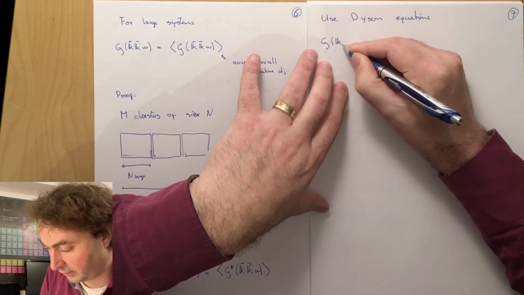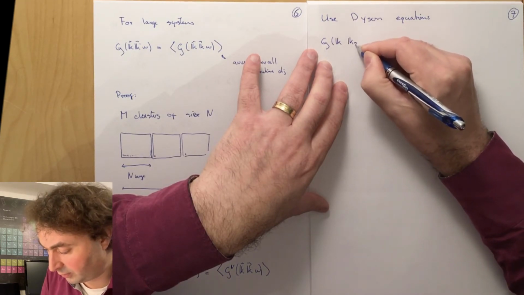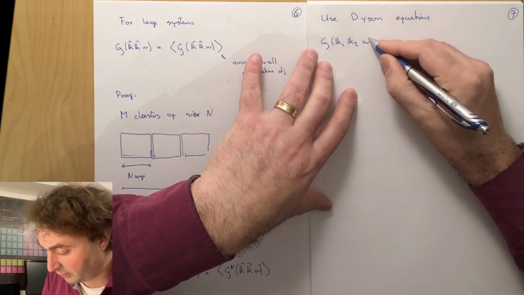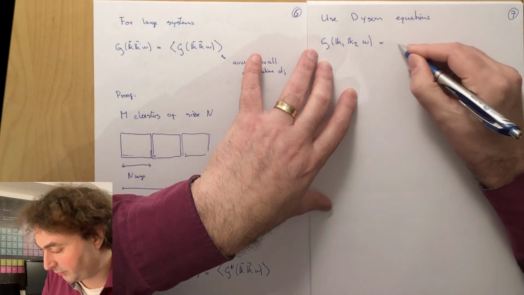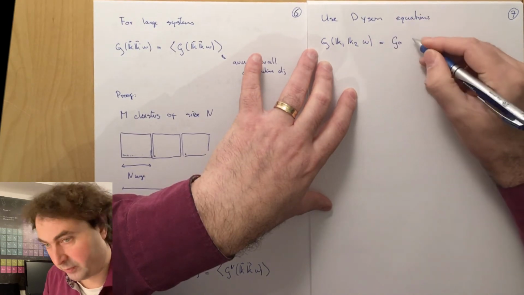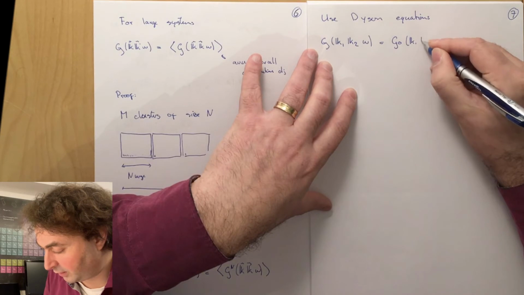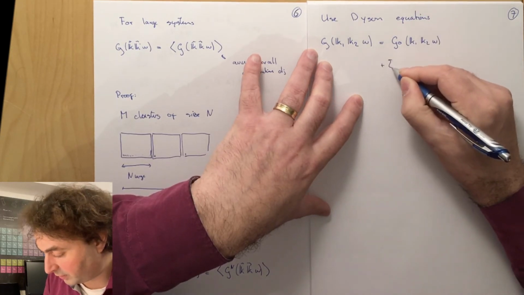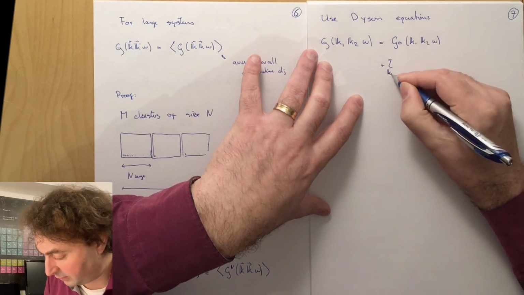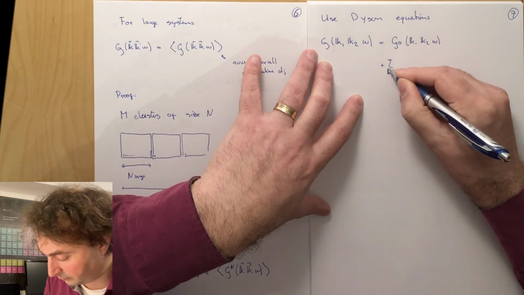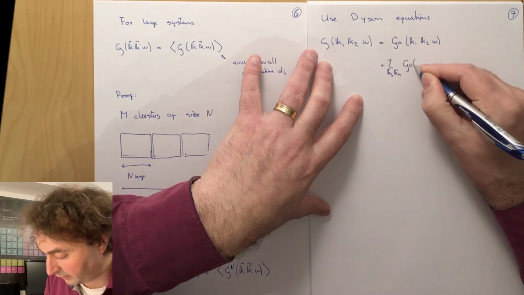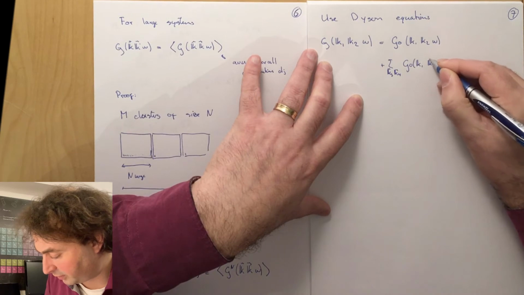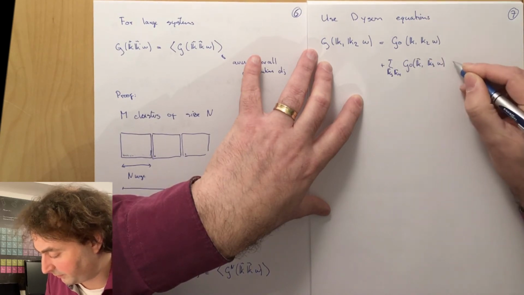And what we know is that our Green's function, where I can travel from crystal momentum 2 to crystal momentum 1 with a certain frequency, is given by the propagation in our bare system, so the system without impurities, plus, and then we have to sum over intermediate crystal momenta, where we travel with the bare Green's function without impurities from crystal momentum 3 to crystal momentum 1.